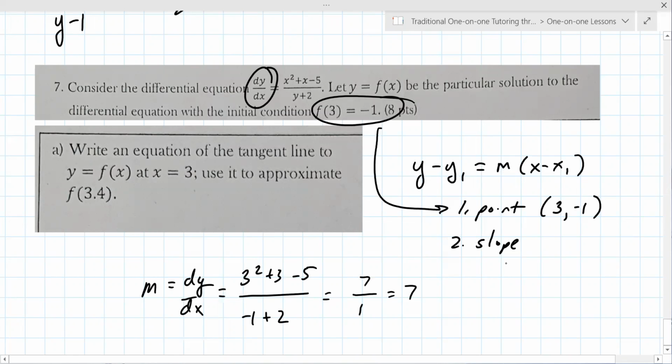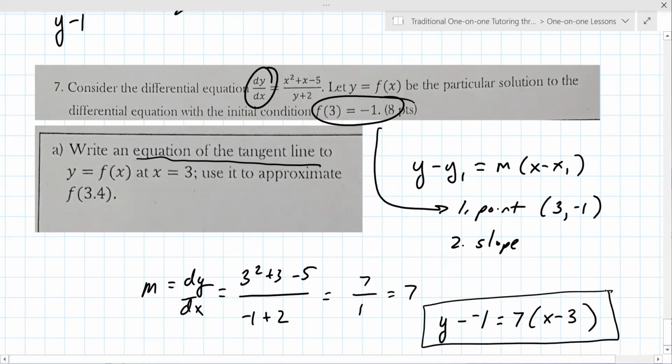So your slope is 7, and your point is 3, -1. The equation of the tangent line is y minus (-1) equals 7 times (x minus 3). And that's it. If you were putting this on the AP, you would just leave it like that. On your exam, it's up to your instructor how they want it, but that's usually good enough.